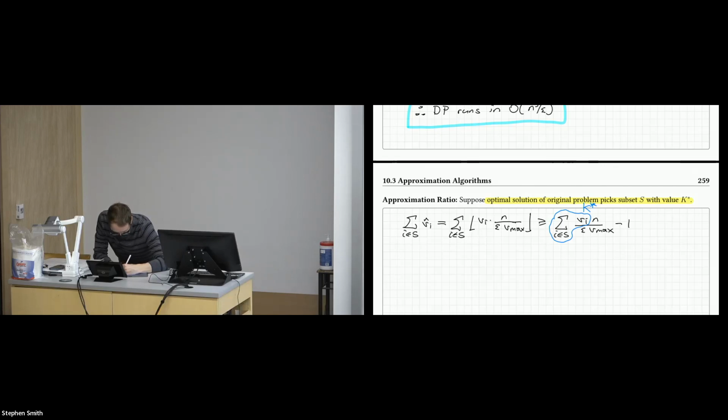And so now if I write this, this looks like K star times n over epsilon v max minus, I get n ones, or at most n ones, sorry.